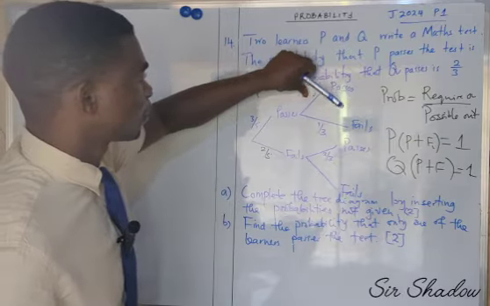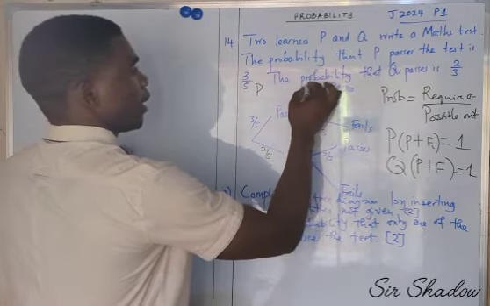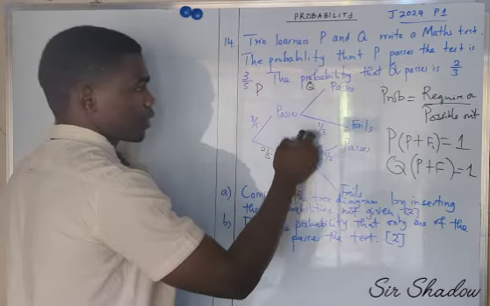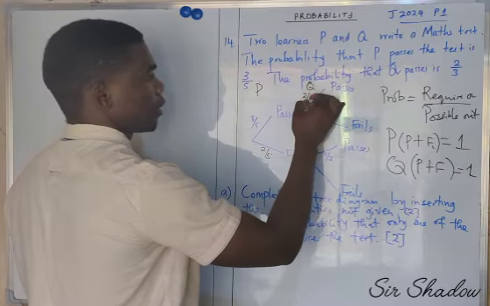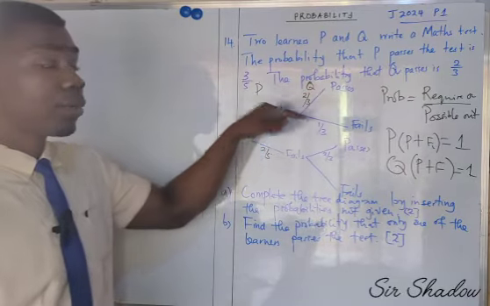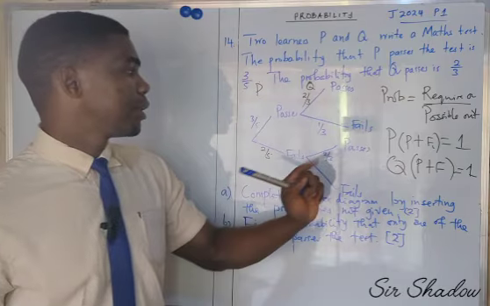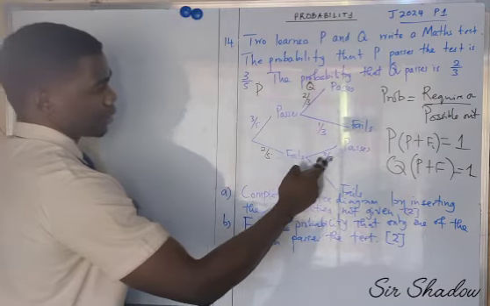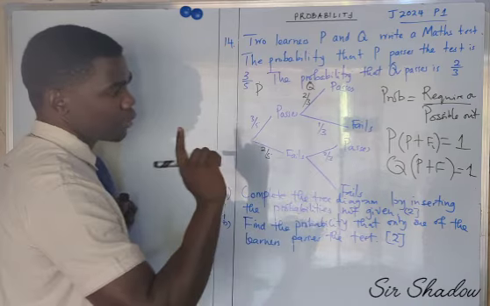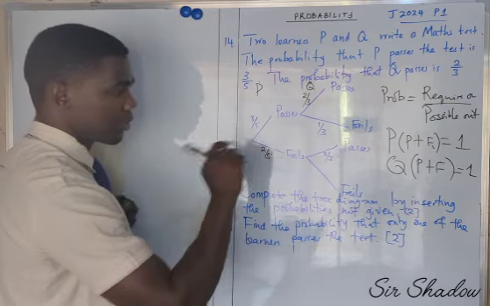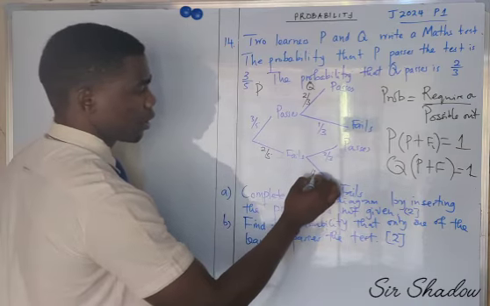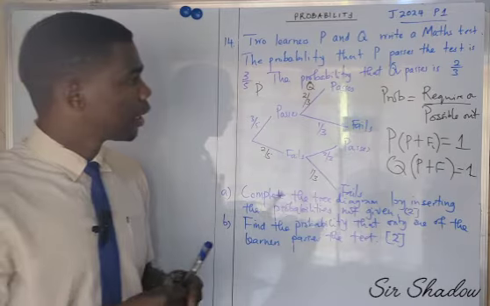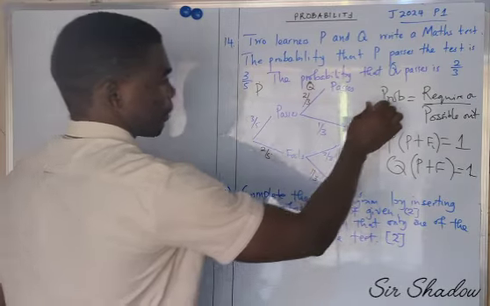Then under Q, 1 whole minus 1/3, which is 3/3 minus 1/3, we get 2/3. Then for this, we are given 2/3 here. 1 whole minus 2/3, or 3/3 minus 2/3, we get 1/3. This is how to complete this tree diagram.